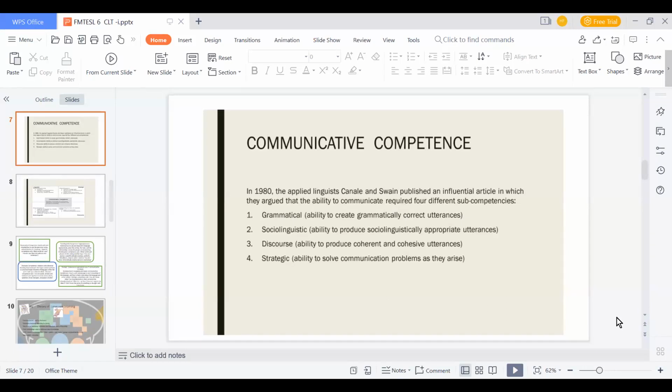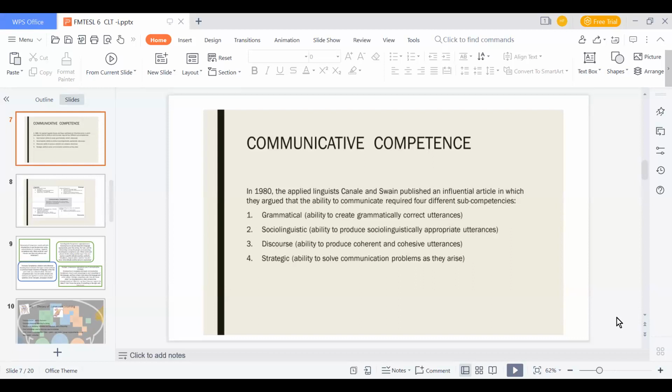Because all throughout, in the grammar translation method, the direct method, the audiolingual method, and total physical response, knowing a language means knowing its structure.